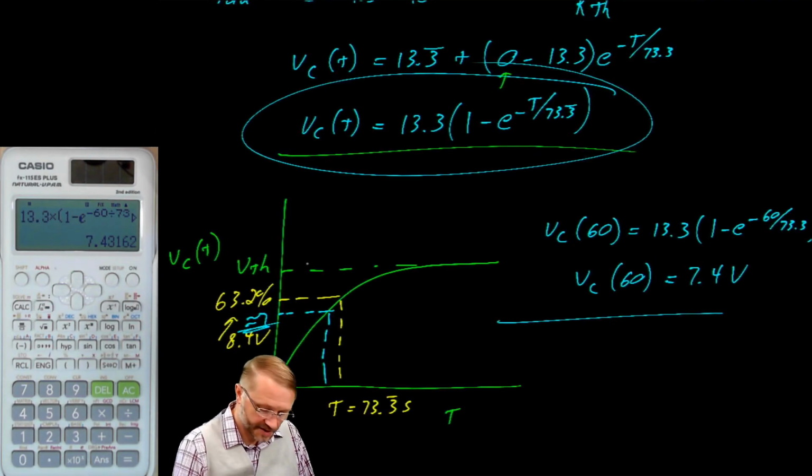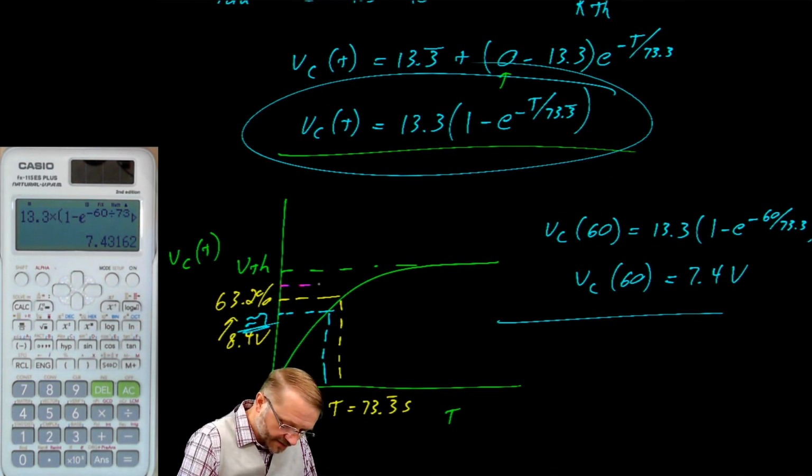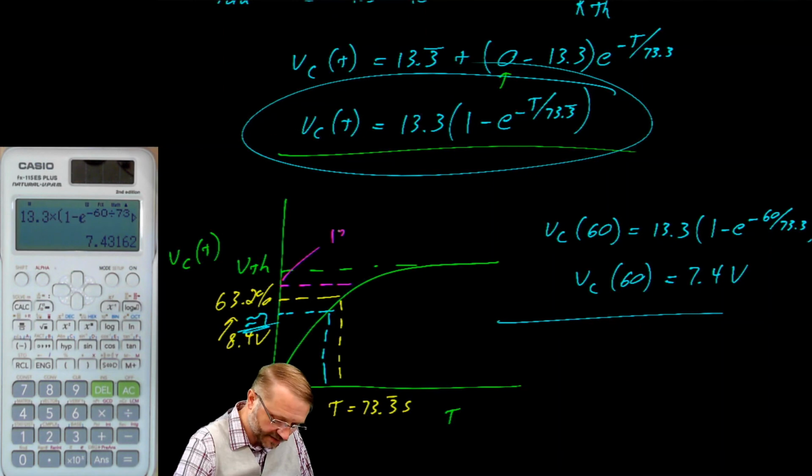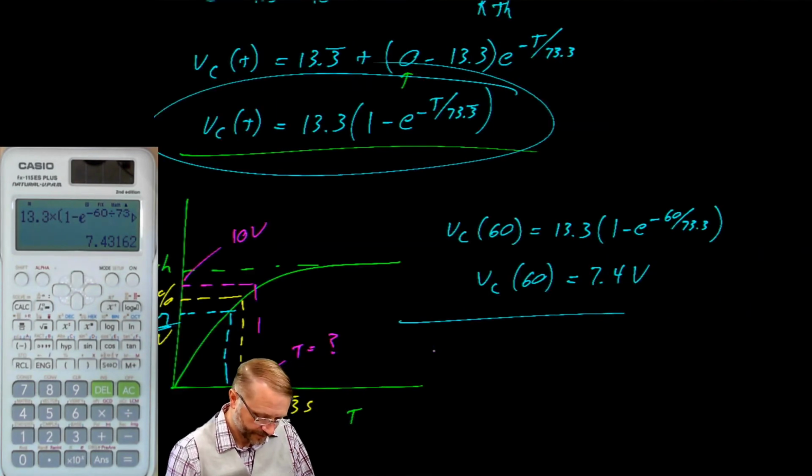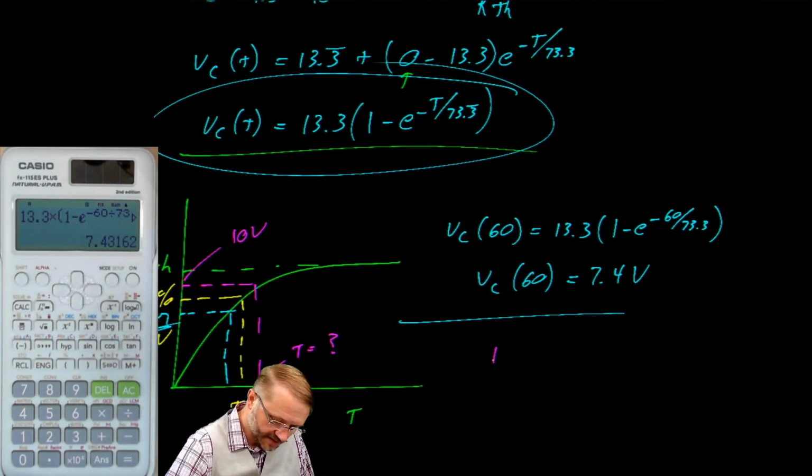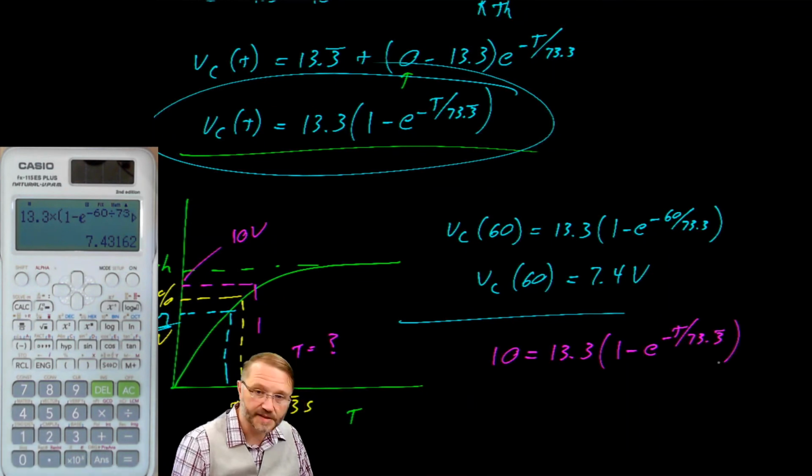Another way you'll be asked to use this equation is to solve for t given some voltage. For example, if you're at 10 volts, what is this t? So that looks like this. You would say 10 is equal to 13.3 times (1 minus e to the negative t over 73.3), and solve for t.